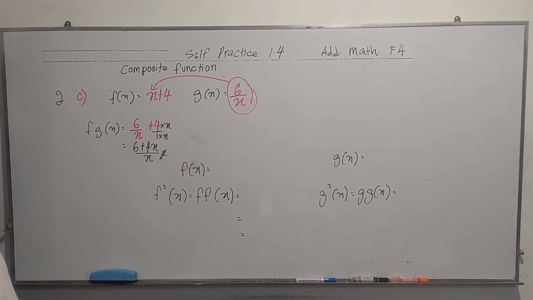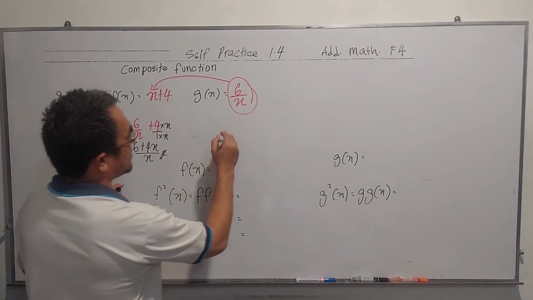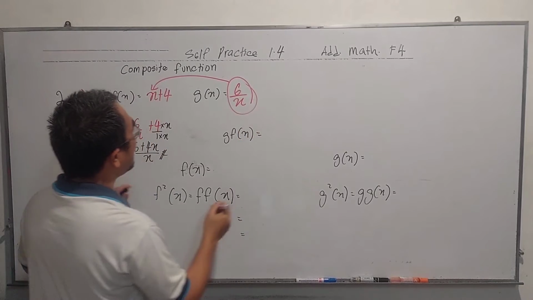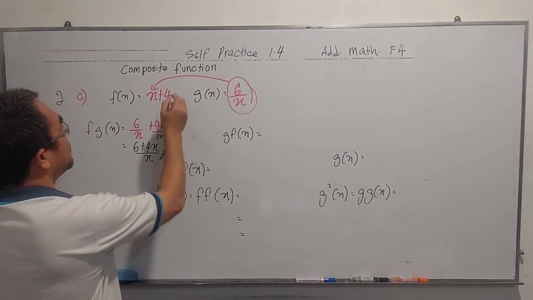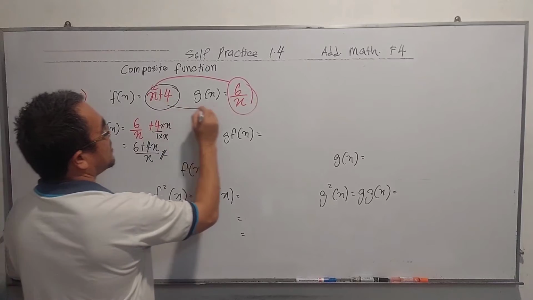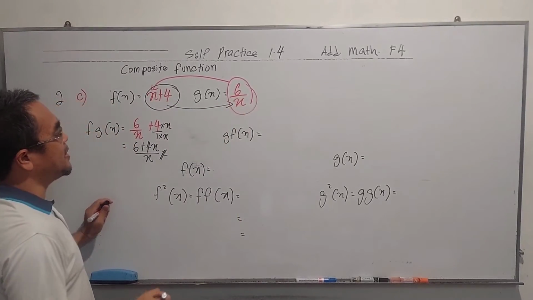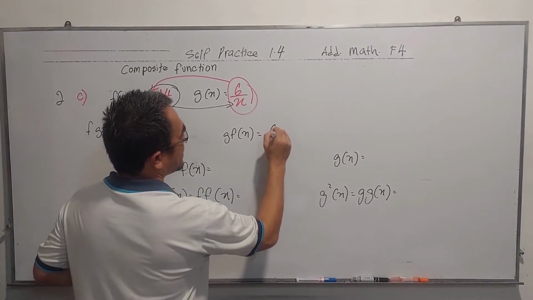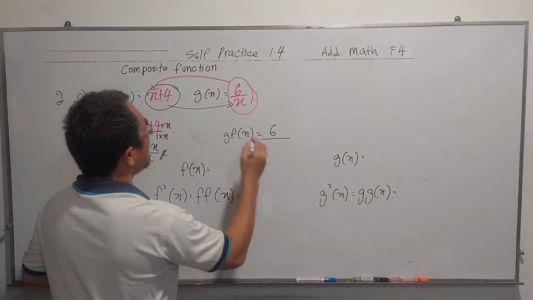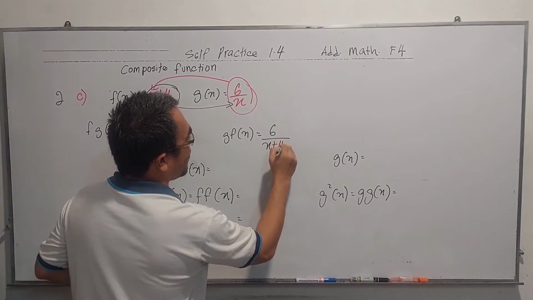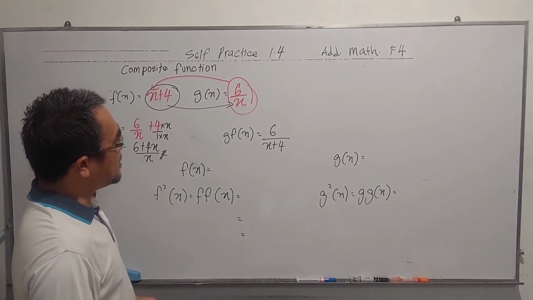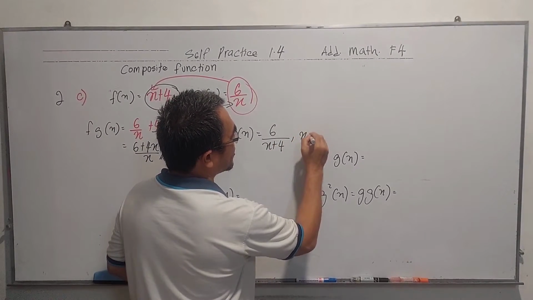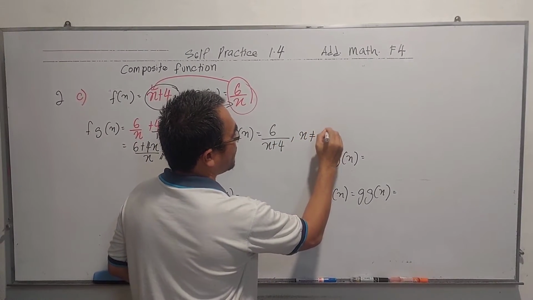And how about gf(x)? For gf(x), it will be the other way. You replace this into the g where x is. So it becomes 6 over x plus 4. And if you have a function like this, sometimes it's better to write down x is not equal to -4.